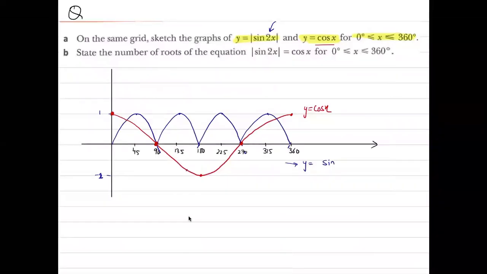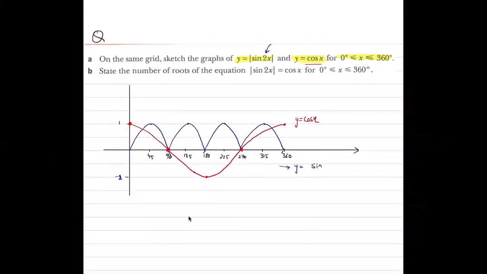Now, the second part, did you get the right answer? Yeah, I got the same. Okay. So now for part B, state the number of roots of the equation mod of sine 2x equals cos x. Where is sine 2x equals cos x? At how many points?